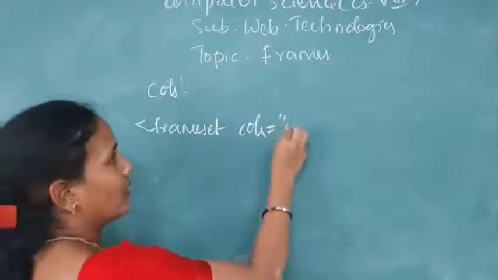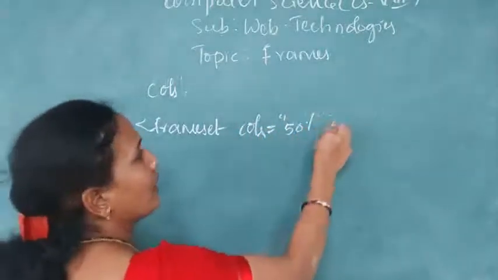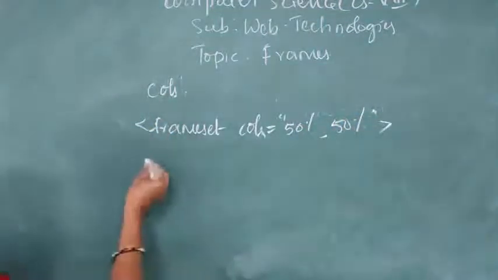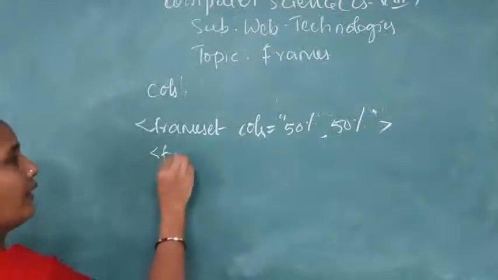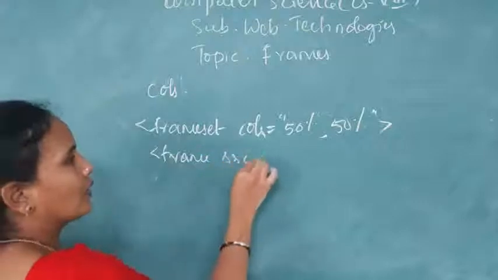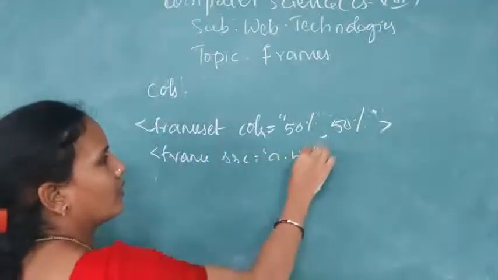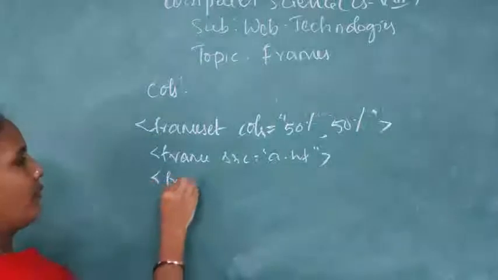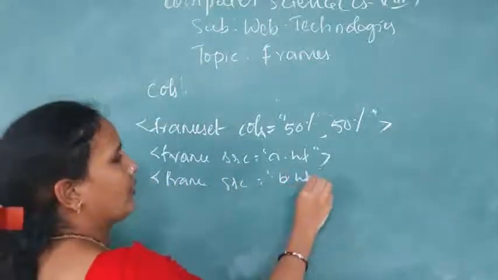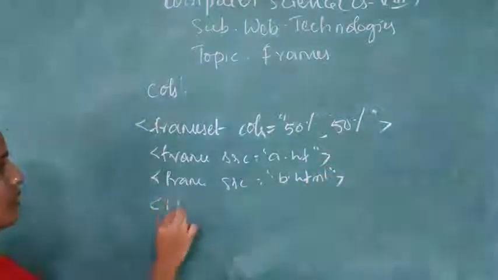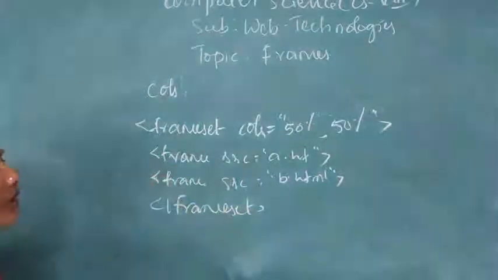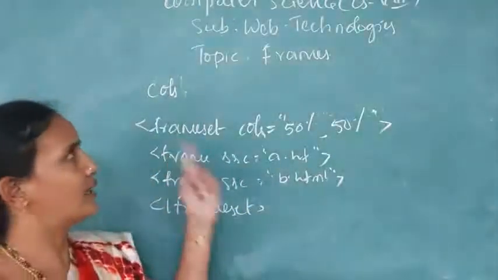The size of the first one is 50%, comma, the size of the second one is 50%. Then you give frame src, the document which you want to execute. Next, frame src, b.html. Next, close the frameset. So this is the cols attribute.